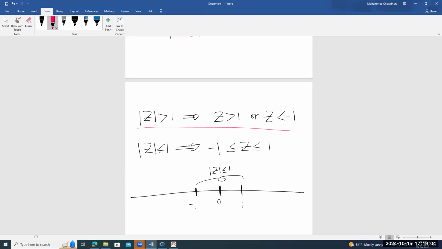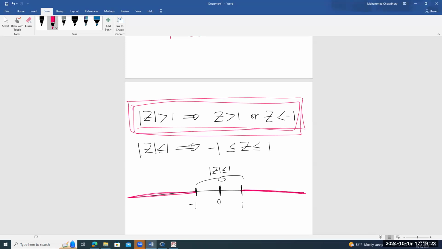On the other hand, this one is here. This red one is in there. Clear?